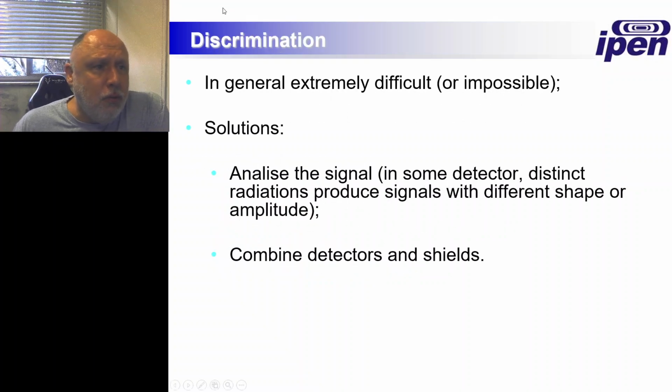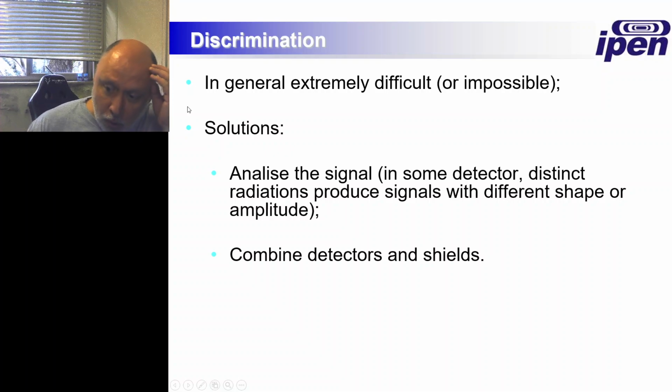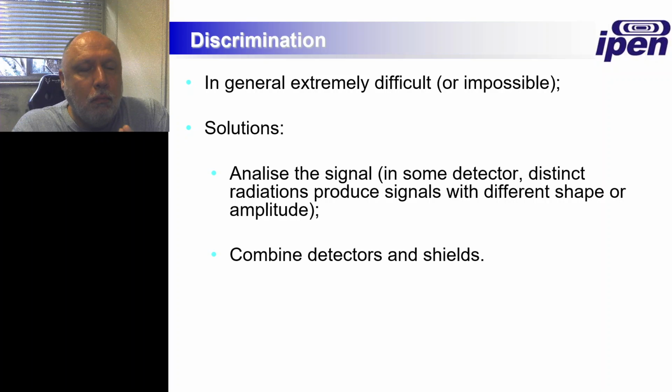So, discrimination of energies. Discrimination of different types of radiation. In general, it's extremely difficult. In some cases, it's impossible. But we have a few solutions, right? The first solution, with modern electronics, we can digitize the pulse. You have the pulse that leaves the detector, and you can see by the shape sometimes, or by the amplitude, you can distinguish if it was one radiation or the other, right?